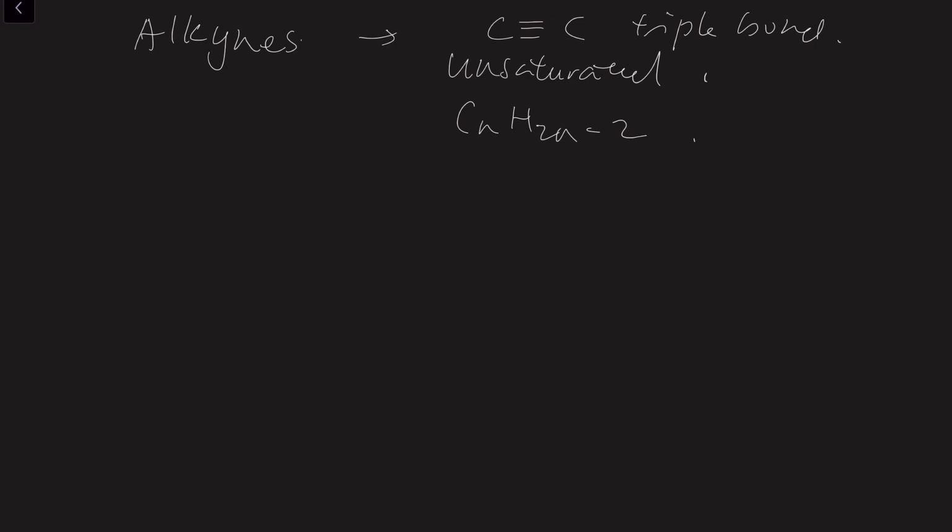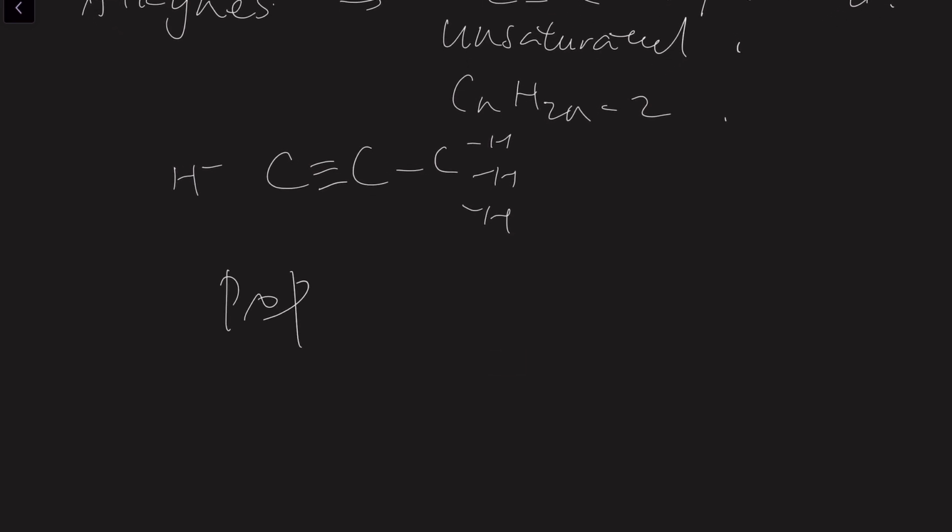So let's name this molecule. So you have 3 carbons in the chain. Should be prop something. And the triple bond is in position number 1 if we count from left to right.